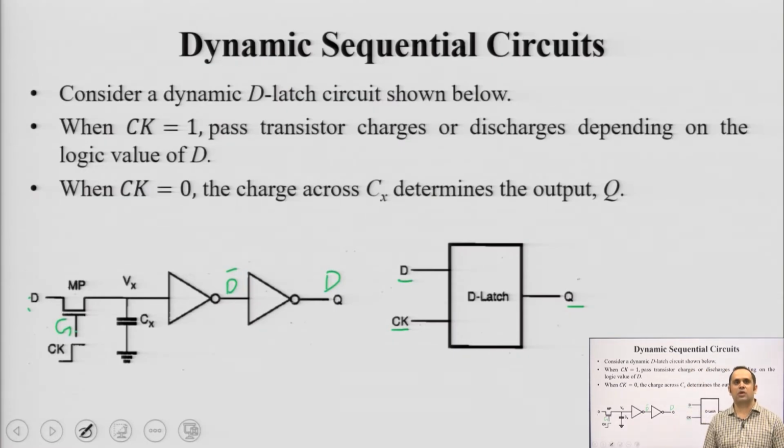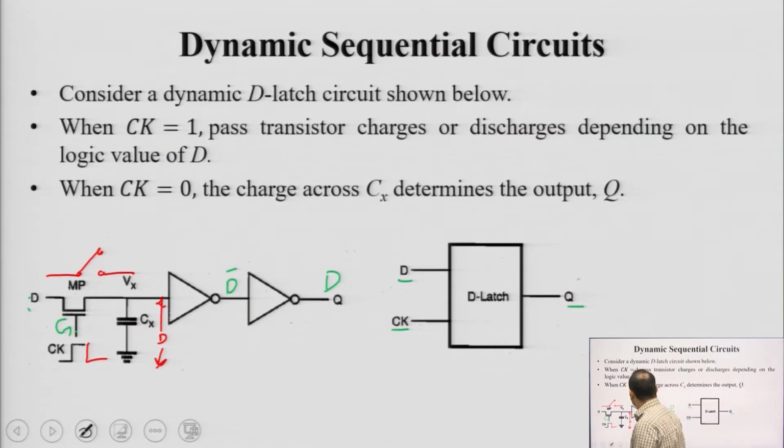This happens when the clock goes high. When the clock goes from 1 to 0, this becomes an open switch. So, whatever changes happen at D now do not reach Vx, but Vx is already holding whatever was present at D. Initially it was sampled, so that is being held here.